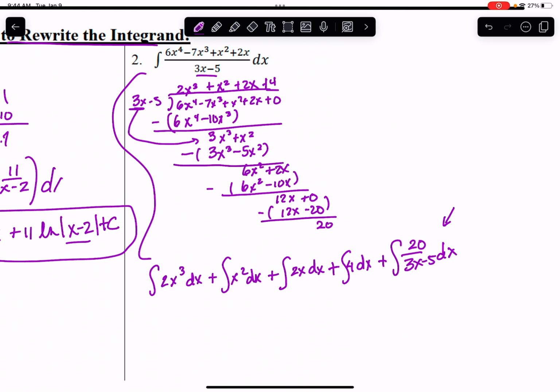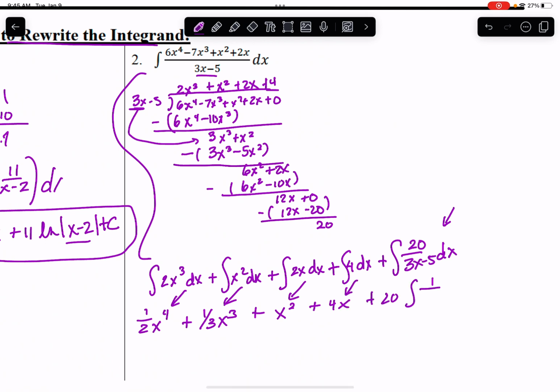So the first one would be 2x cubed, so it'd be 2x to the 4th over 4, so that would be 1/2 x to the 4th, plus this would be 1/3 x cubed, plus 2x squared over 2, so that would be x squared, plus 4x, and then plus 20 times 1 over 3x minus 5 dx.